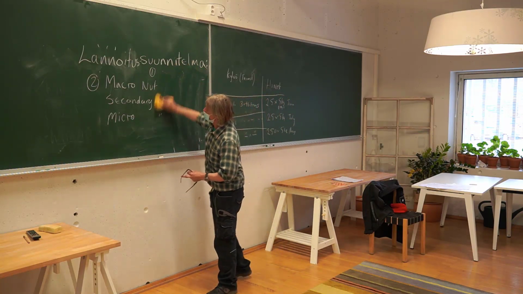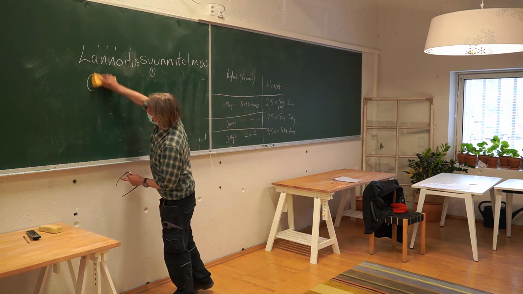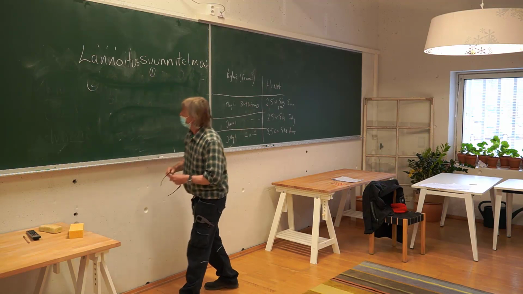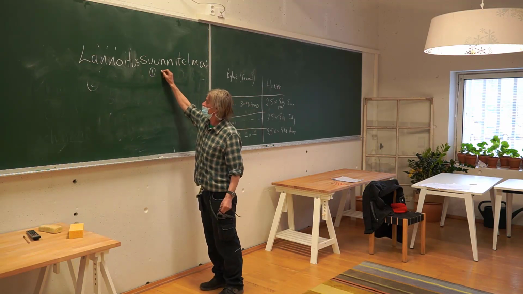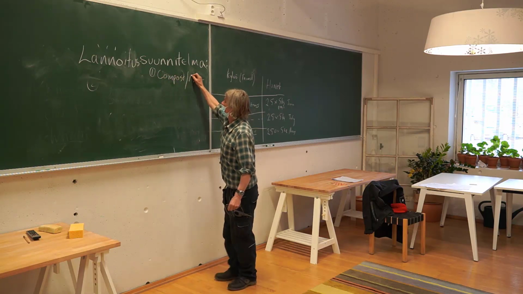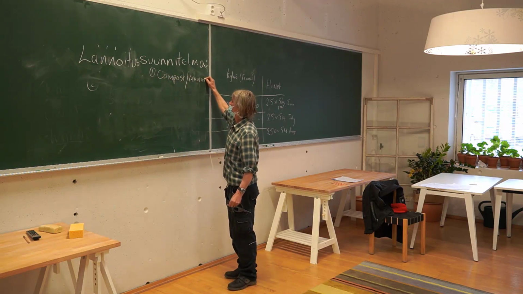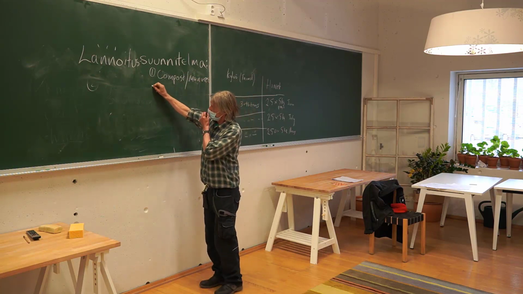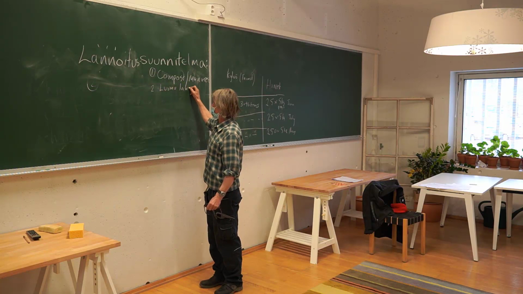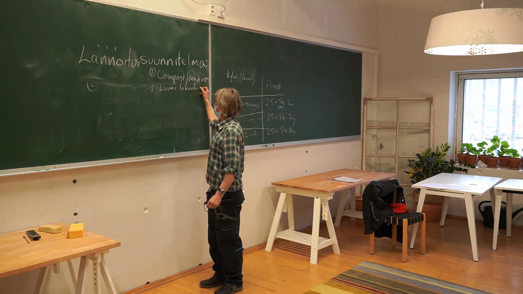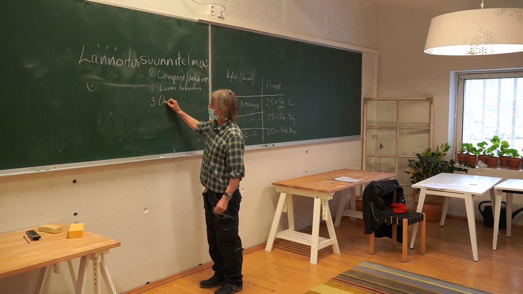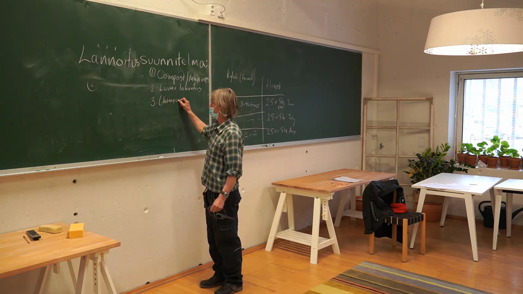So we have number one, compost. Manure, lanta. 2, luomulannoitus. 3, chemical, I have to put it in first.